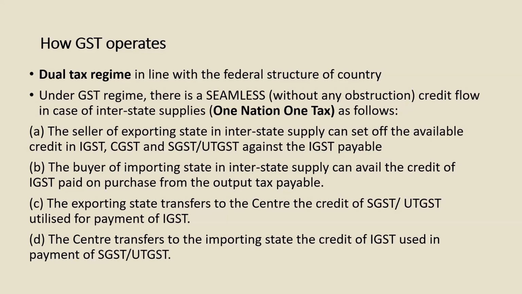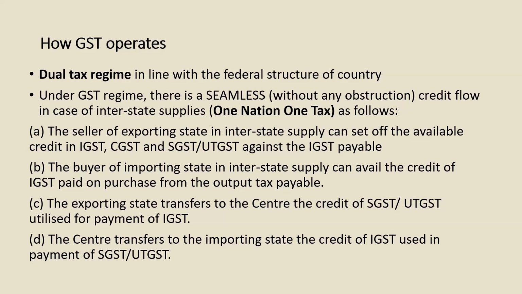So he had a credit of 10 rupees in his account, and his liability is to pay 12 rupees. So he will set off 10 rupees from that 12 rupees and pay only 2 rupees. That is what he has to pay to the government. And that is the value addition that he made. And on that value addition, he has to pay the value addition tax.